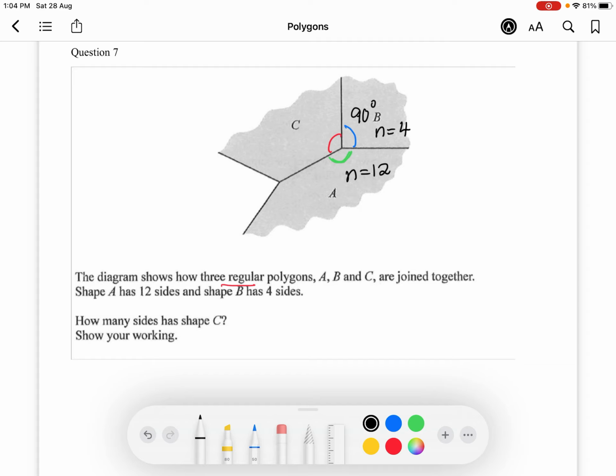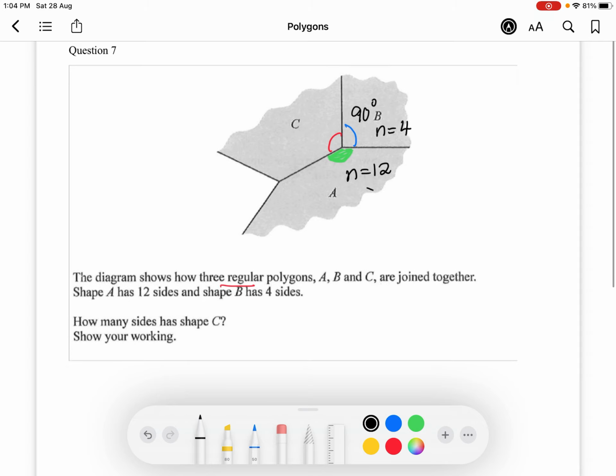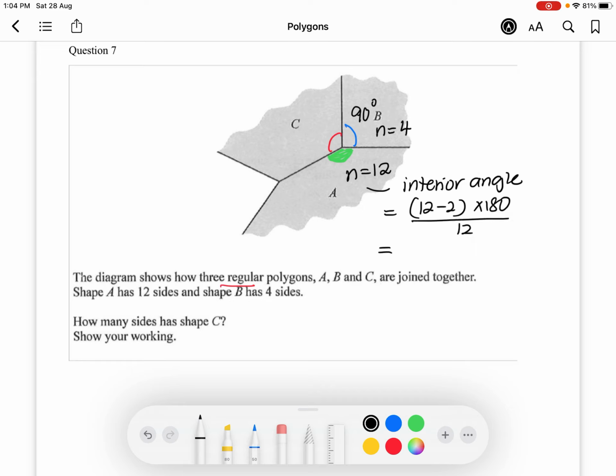Now I know that this angle over here, it belongs to A, which has a number of sides, 12 sides. So from here we know that one interior angle will be equals to 12 minus 2 times 180 divided by 12, the formula.